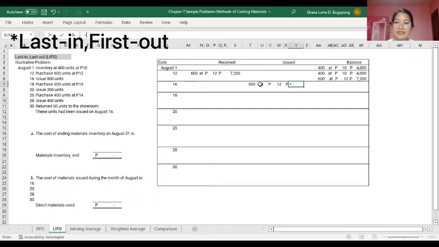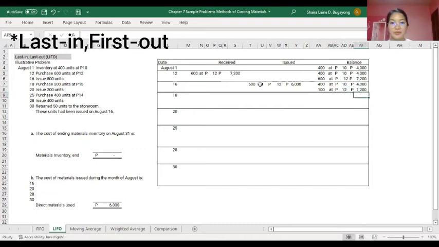And that is 6,000. Okay, so ang balance na lang is kani, ang beginning, and then 600 minus 500 nga gi-issue. So still at 12, so that is 1,200.